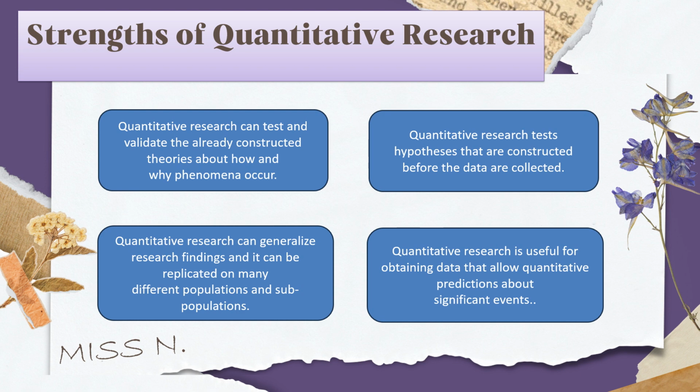For example, PAGASA and the Philippine Institute of Volcanology and Seismology, or PHIVOLCS, are some of the government agencies that conduct quantitative researches that predict the occurrence of natural calamities, since the Philippines is always hit by typhoons due to its geographical location, which produces heavy rains and flooding of large areas and also strong winds which result in heavy casualties to human life and destruction to crops and properties.